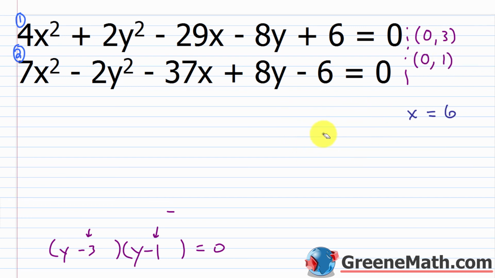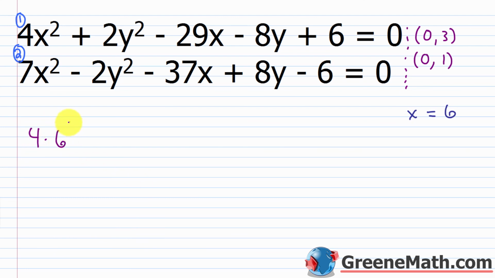All right, so let's get rid of that. Now let's see what happens when x equals 6. So I'm going to go into equation 1 again, and we'll say 4 times 6 squared, plus 2y squared, minus 29 times 6, minus 8y, plus 6, and this equals 0. So 6 squared we know is 36. 4 times 36 is 144.